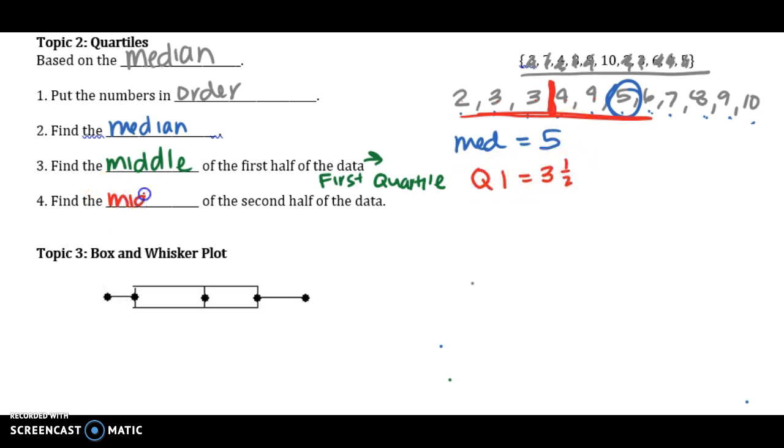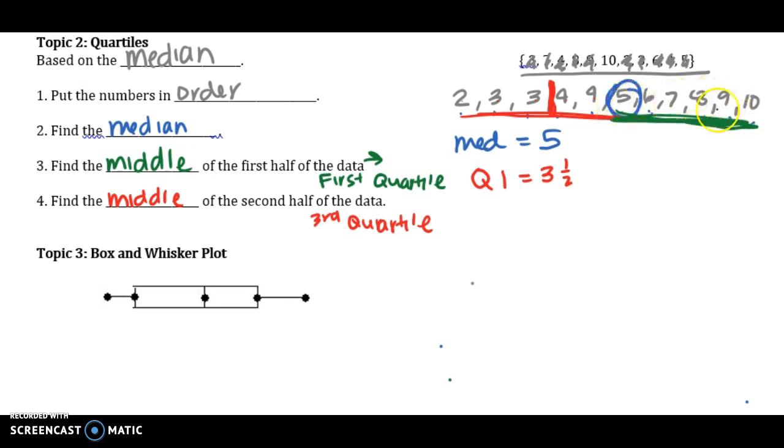Then we're going to find the middle of the second half of the data, which we call the third quartile. The second quartile is technically the median, which we already found. So if we look here from 5 to 10, we want to find the middle number here.